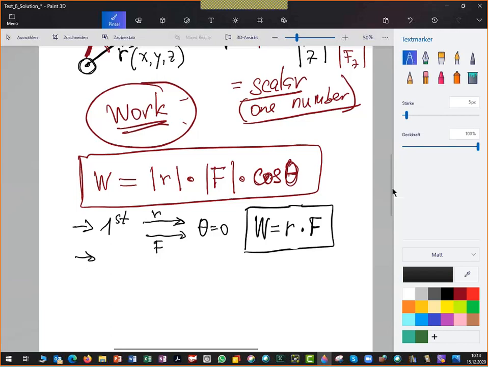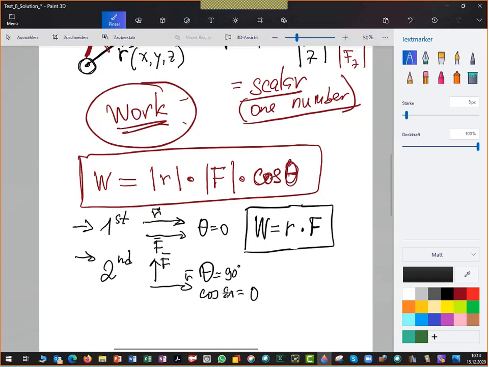So the second consequence we have to deal with is also an important one. And this is the case where your acting force is perpendicular to the displacement. In this case, we say that the angle is 90 degrees, pi over 2, and cosine of 90 degrees, as you all know, is equal to 0.